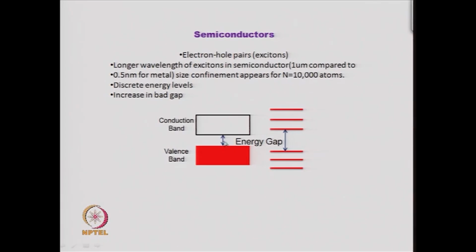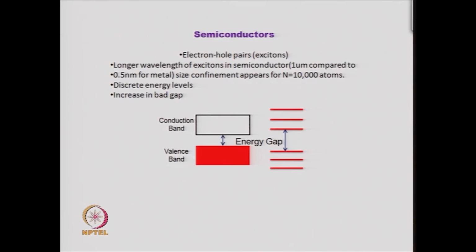Now, when an electron moves from the ground state, which is the valence band, to the excited state, which is the conduction band, you have a hole left behind, and that hole is positively charged, because it is the absence of the electron which went into the conduction band.